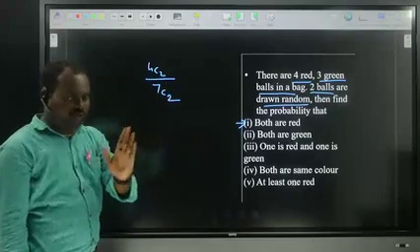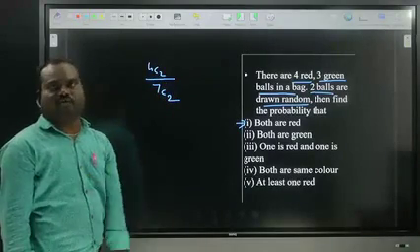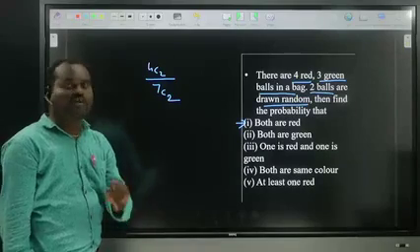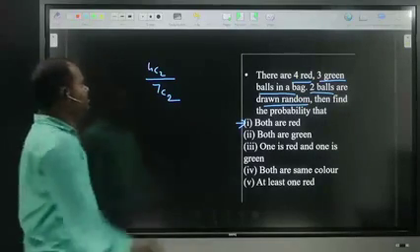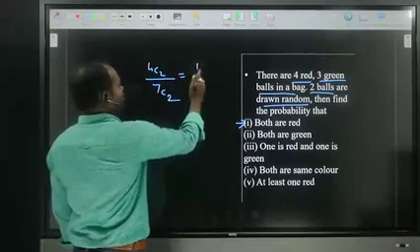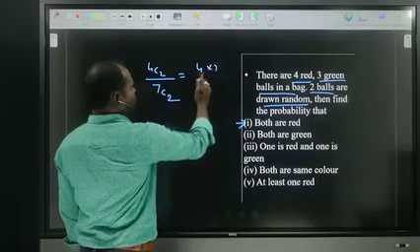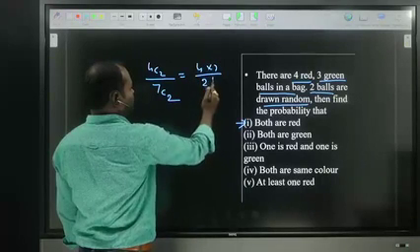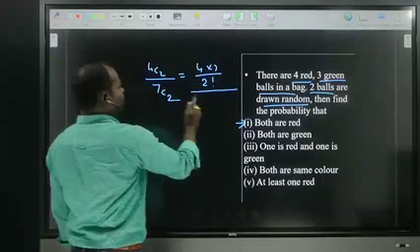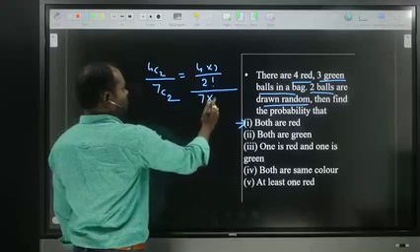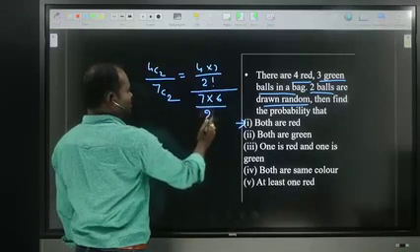Okay? In the morning I told you, in combination, when our r value is 2, reduce 2 steps divided by 2 factorial. So we can write 4 into 3 by 2 factorial, divided by 7C2, which means 7 into 6 by 2 factorial.